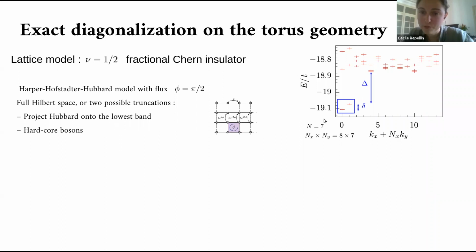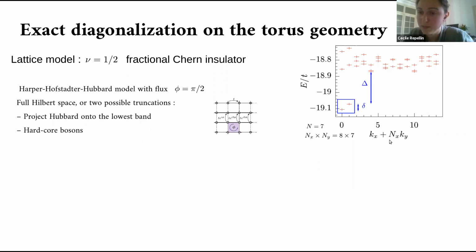And I have represented this low energy spectrum as a function of lattice momentum. Here I'm using this linearized index. I have a 2-dimensional lattice momentum, and I don't want to do a 2D plot, because I don't think it's very easy to see things on a 2D plot.